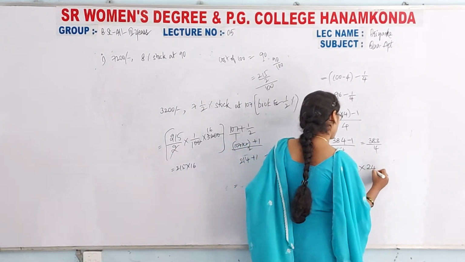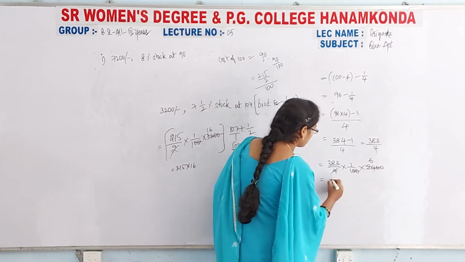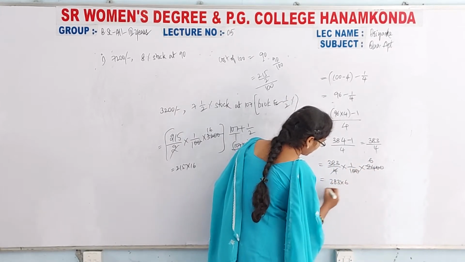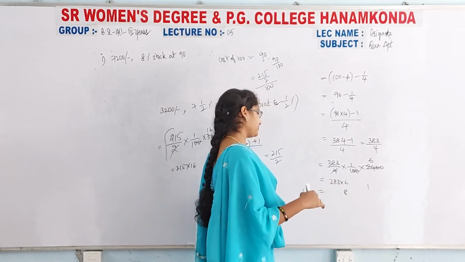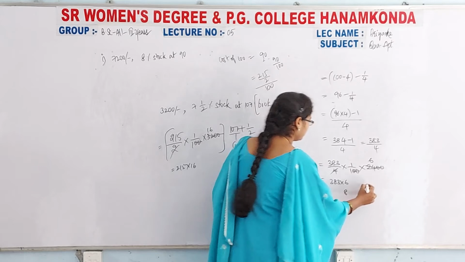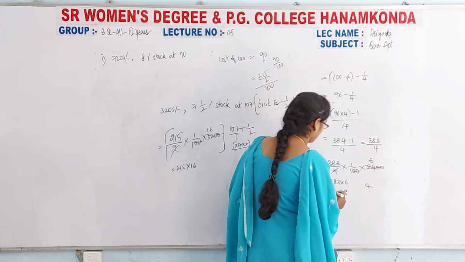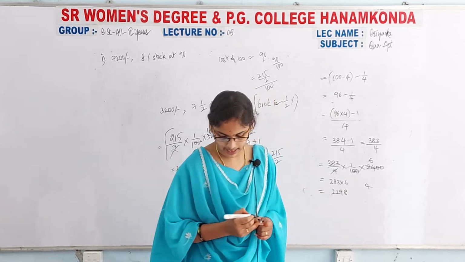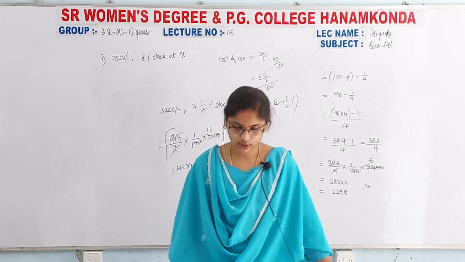So 2 zeros, 4 1s are 4, 6s are. So 383 into 6. That means 6 3s are 18, 1 6 8s are 48, 49, 6 3s are 18, 22. So 2298 rupees. Okay. Next problem.